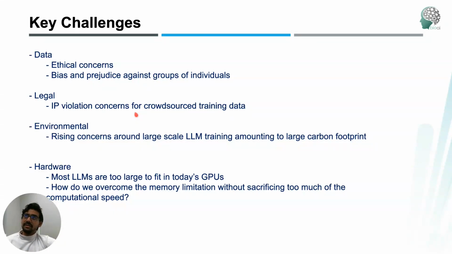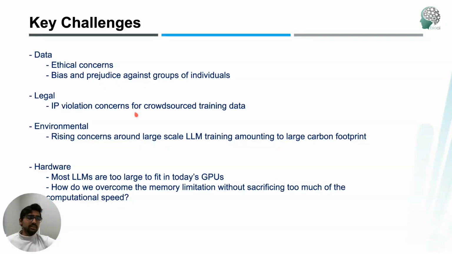Usually it was limited to a small cluster, a small workstation system, instead of a large data center of thousands of GPUs. So this does obviously lead to a large carbon footprint, and that's a concern to keep in mind.